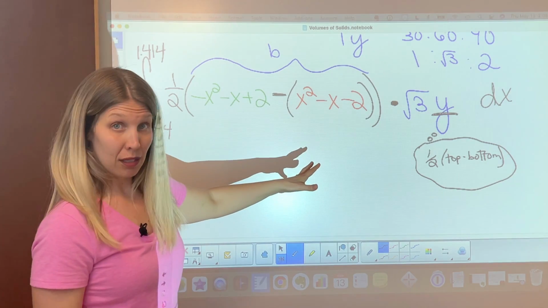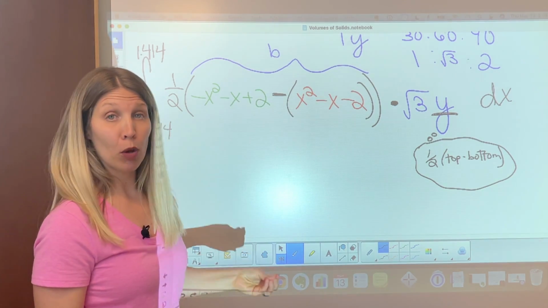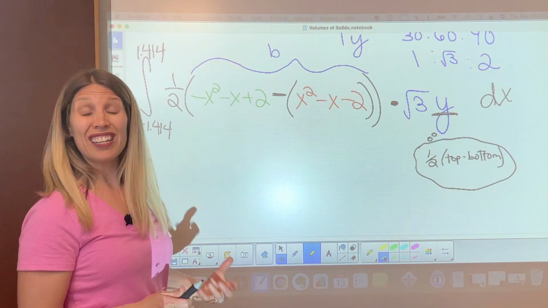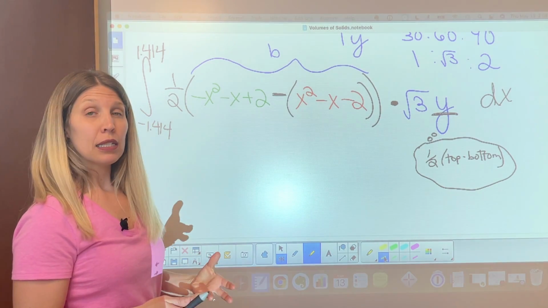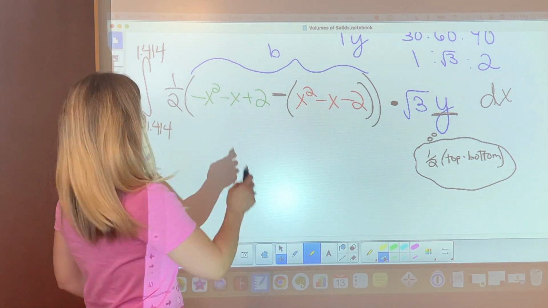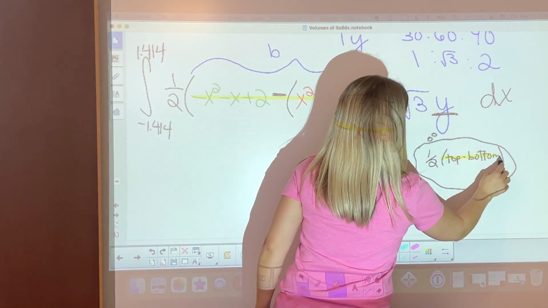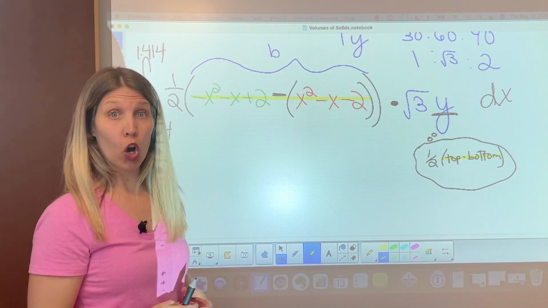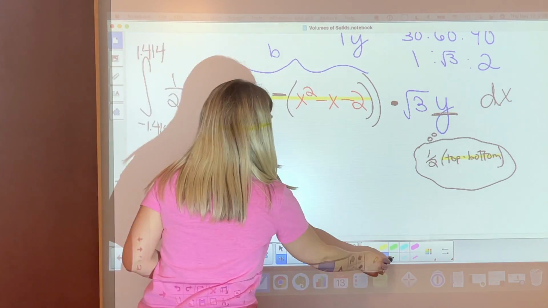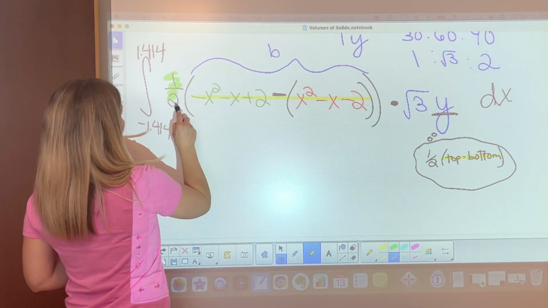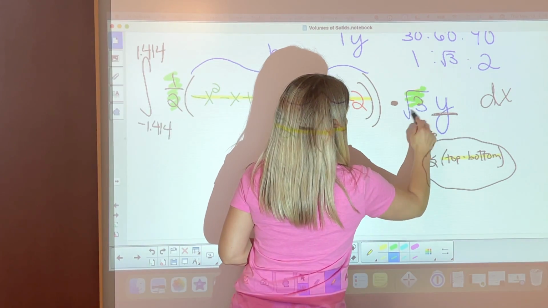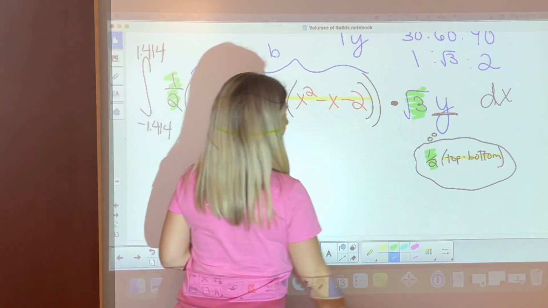All of these pieces are connected by multiplication. We're going to simplify a little bit to make this easier to write down. So this piece right here and this piece are the same. I'm going to multiply this piece and this piece together.